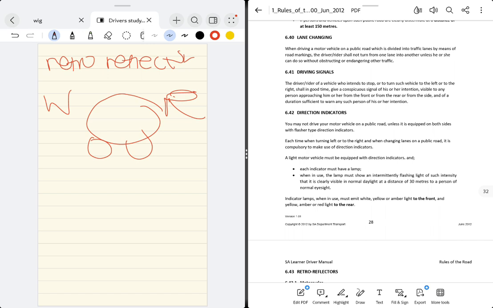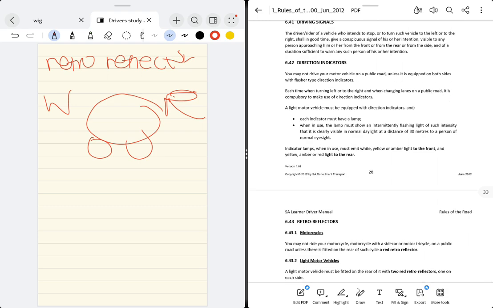Direction indicators. You may not drive your motor vehicle on a public road unless it's equipped on both sides with flasher type direction indicators. Each time you turn left or right, or change lanes on a public road, it is compulsory to make use of direction indicators.